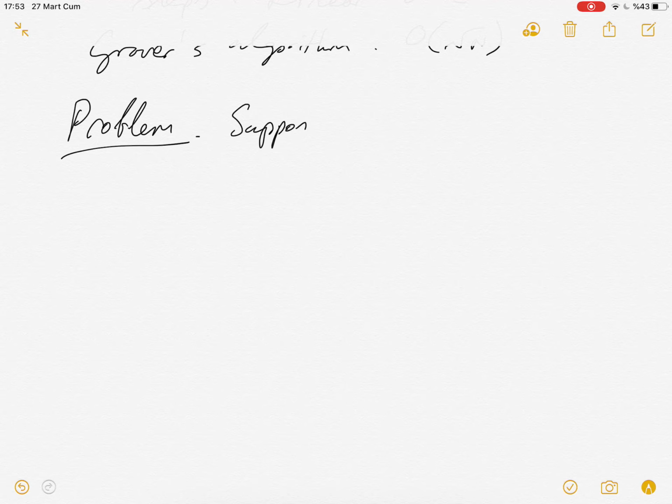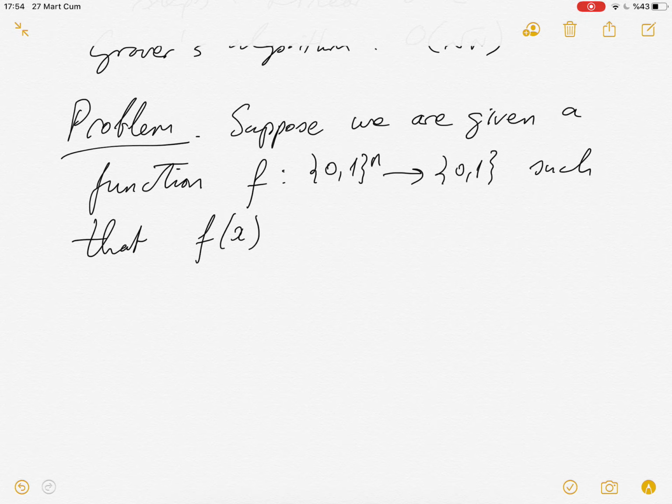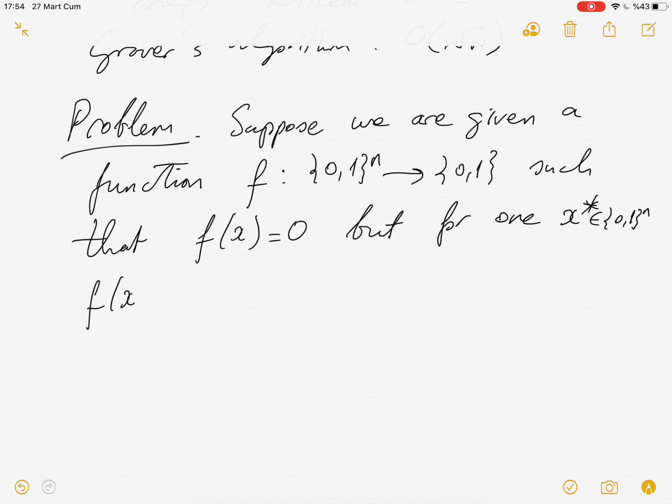Now suppose we are given a function f from {0,1}^n to {0,1} such that f of x is equal to 0, but for one x star, f of x star equals 1.